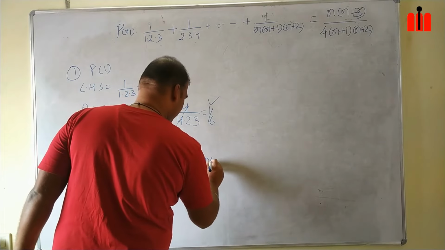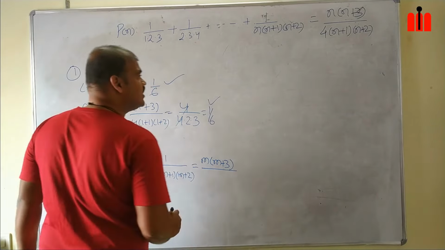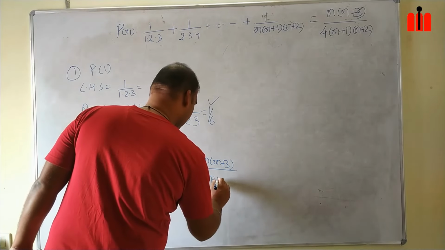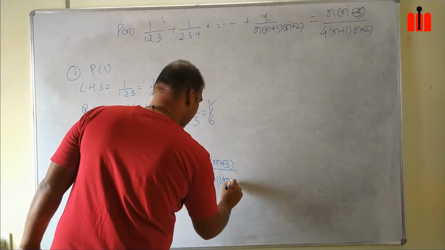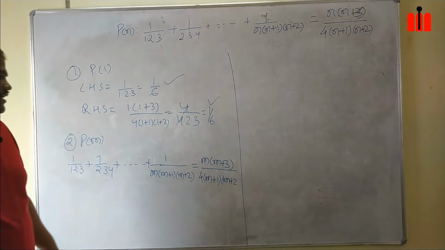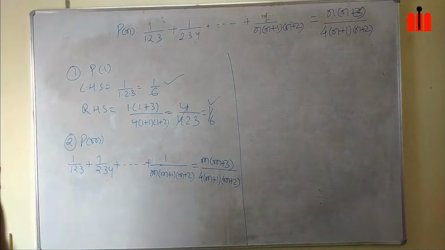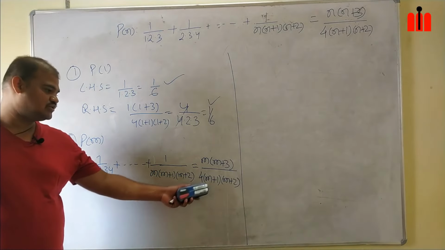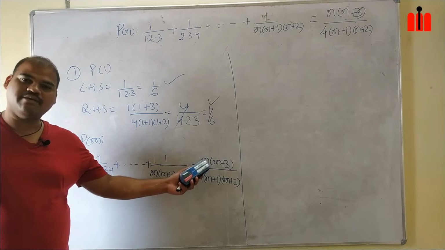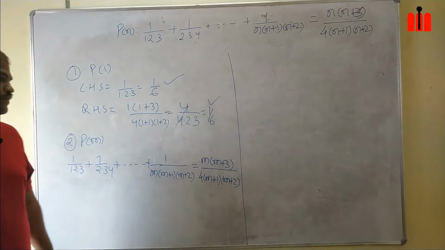It will be m plus 3 by 4 into m plus 1 m plus 2. What I had done is substitute n is equal to m over there, so I got my RHS: m plus 3 by 4 m plus 1 m plus 2.